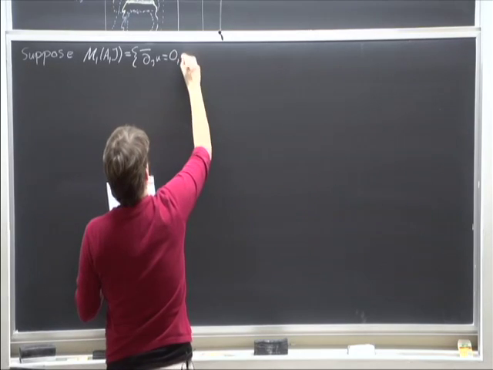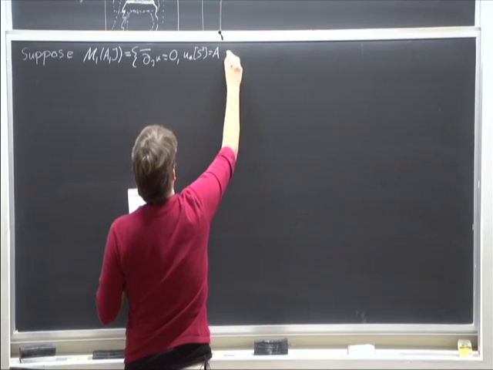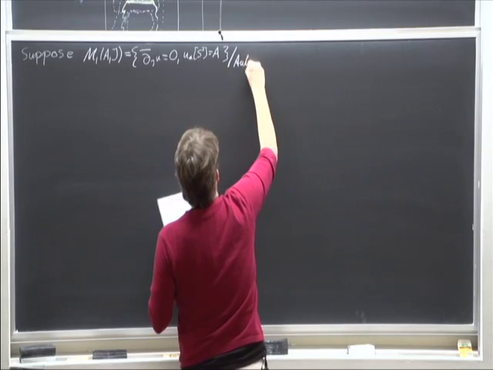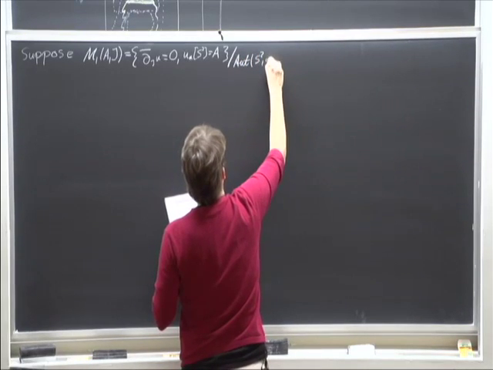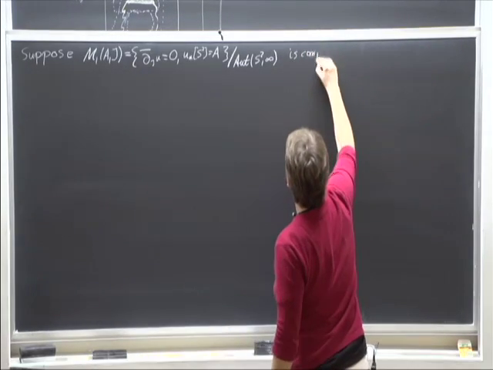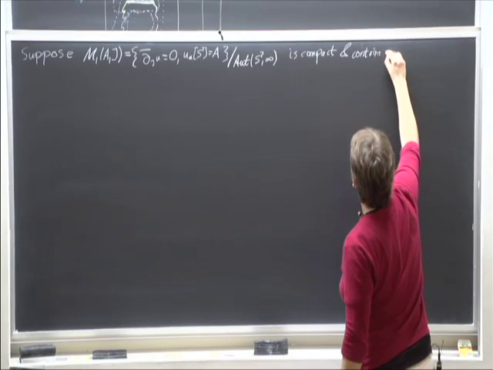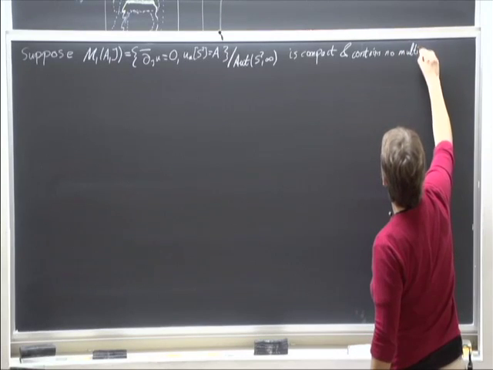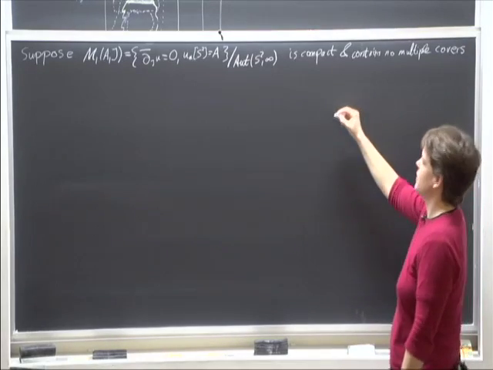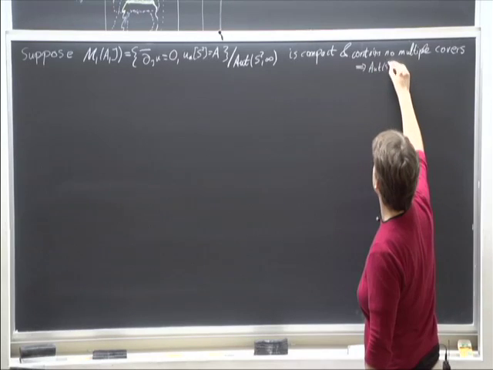So the holomorphic curves of a fixed non-zero homology class modulo the automorphisms of S2 that fix infinity, I'm going to assume that this is compact by itself and contains no multiple covers. And by non-trivial unique continuation, that means that this automorphism group actually acts freely.